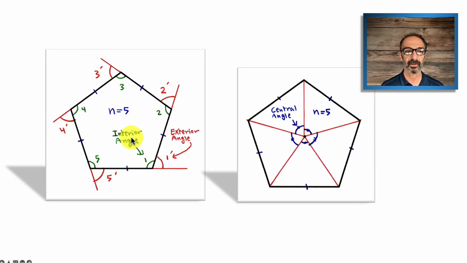The inside ones are interior angles. We have 5 sides, so we end up with 5 interior angles and 5 exterior angles. Also, because it's a regular polygon, those exterior angles will be equal to each other, and the interior angles in green will be equal to the same amount.